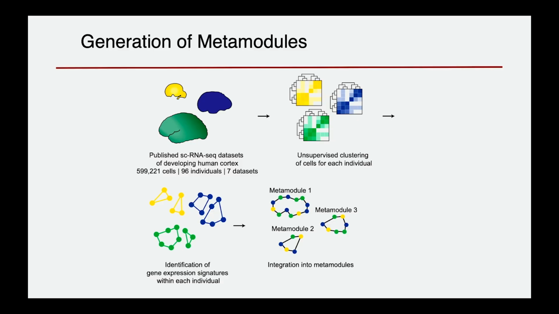What Patricia did is she did unsupervised clustering for all of the cells for each individual. So she did this 96 times. And then from that, identified gene networks that were representative of variation in each individual, and then collected the networks across individuals to identify these metamodules, which then become this overarching signal that is important to the larger data set.